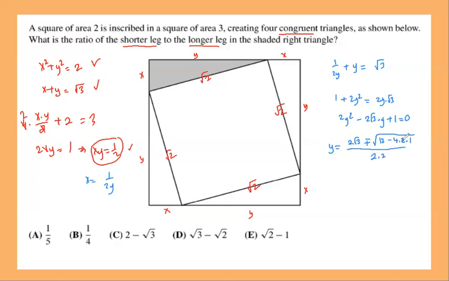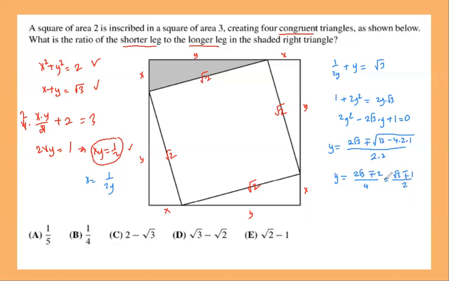So this is 4, and its square root gives us 2. So y will be 2 root 3 plus or minus 2, over 4. We can simplify by 2, which gives us root 3 minus 1, or plus, over 2.